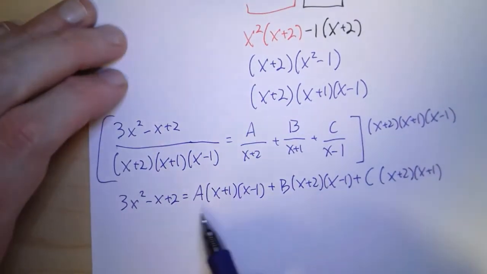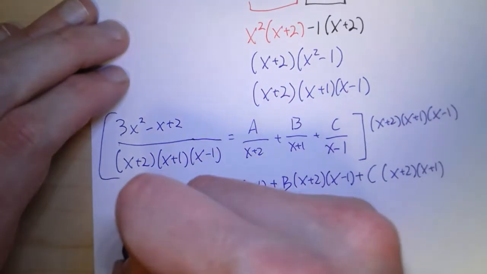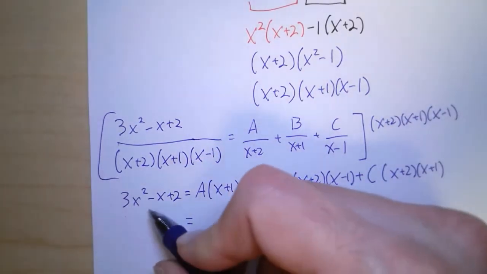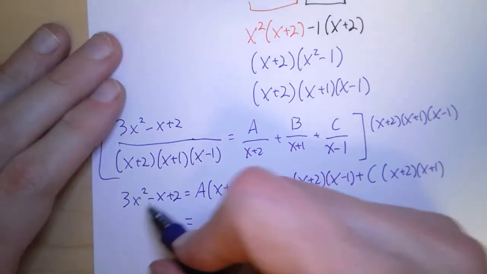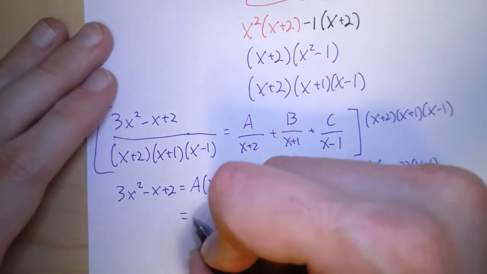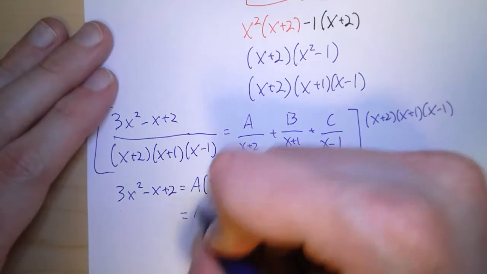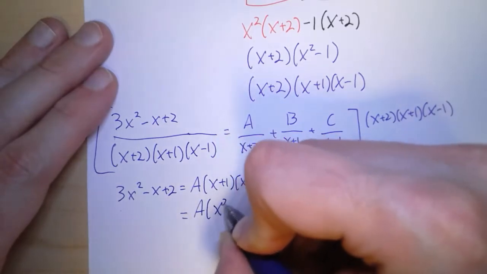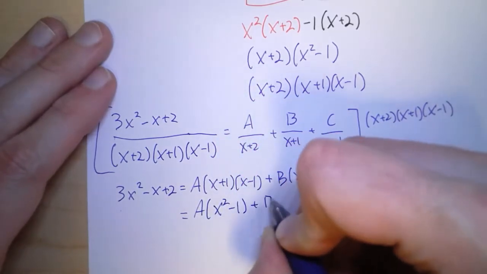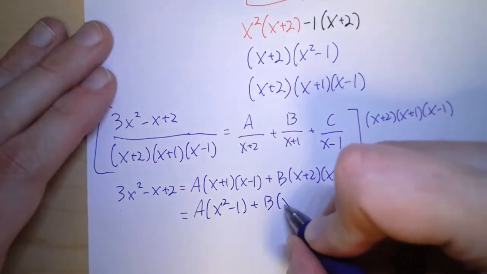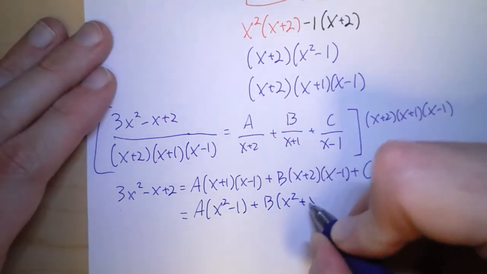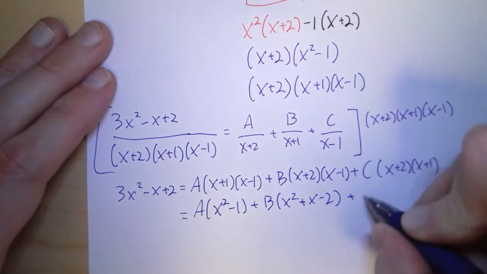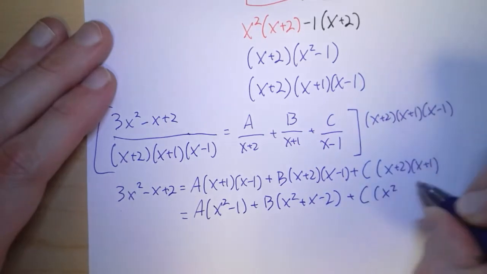So now I need to expand out all of these terms. There's no need to rewrite this because this on the left won't change. So this is going to become x squared minus 1. This is going to become x squared plus x minus 2. This will become x squared plus 3x plus 2.